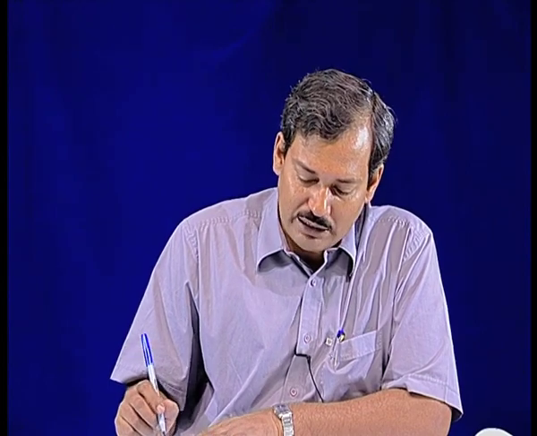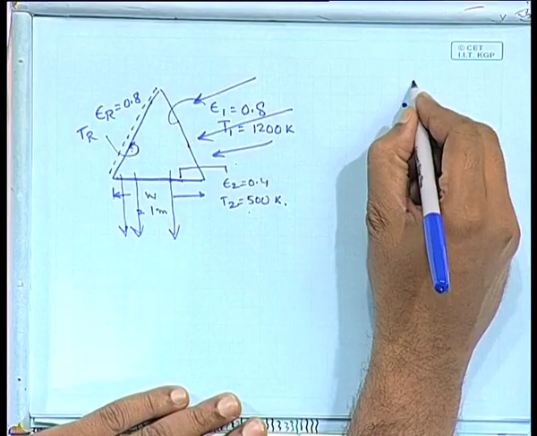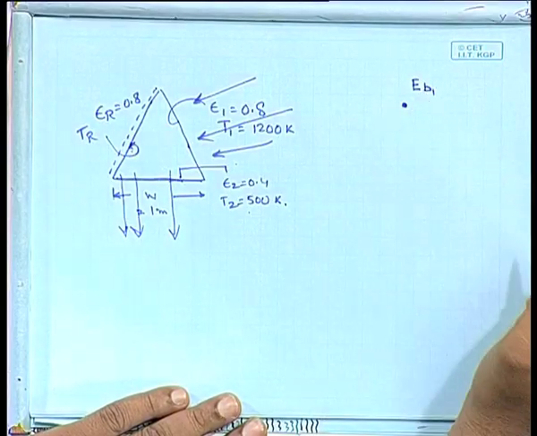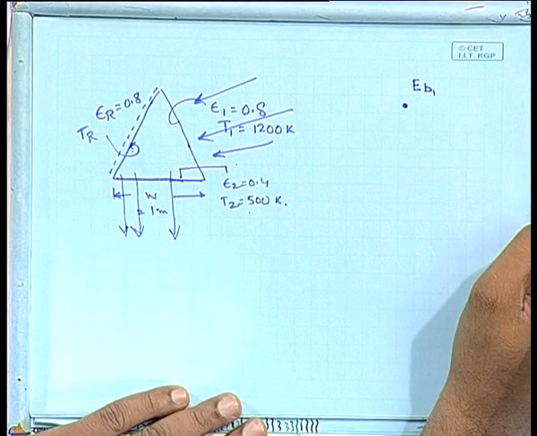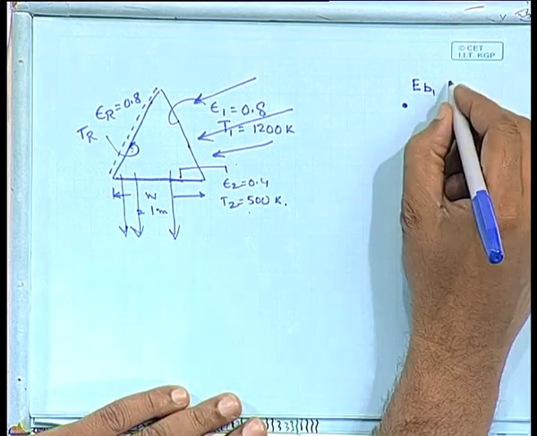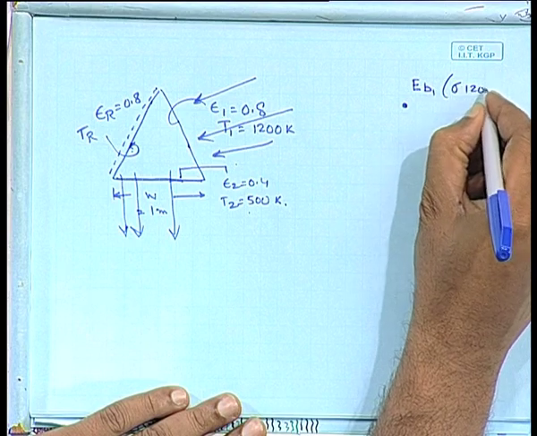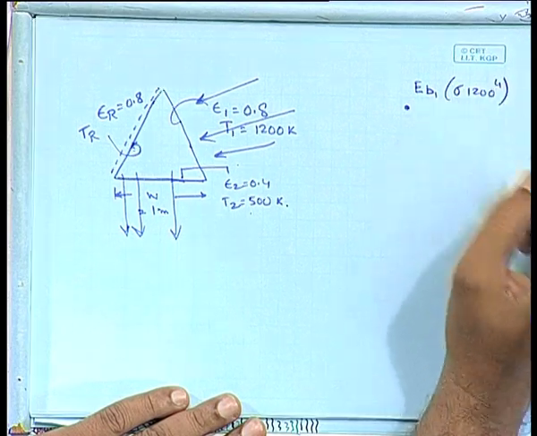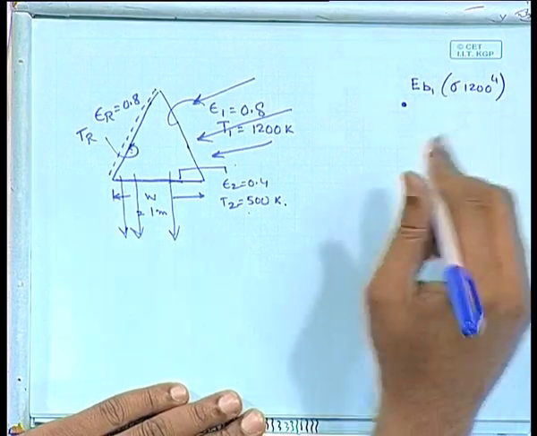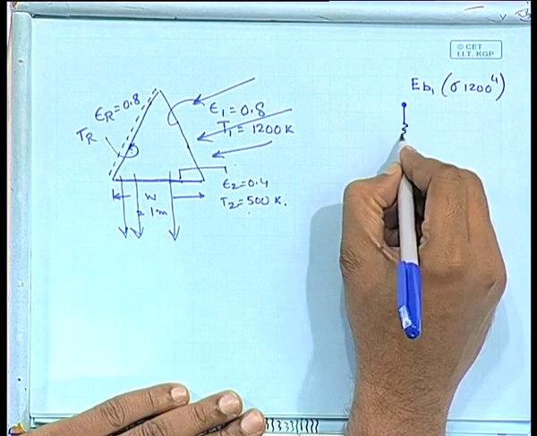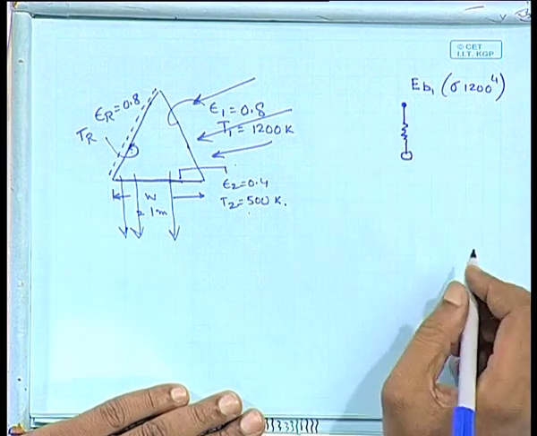So, let us see, I am going to have some EB1, and the magnitude of EB1 is sigma times 1200 to the power 4, that many watt per meter square. Then that is going to be some resistance and a J1.